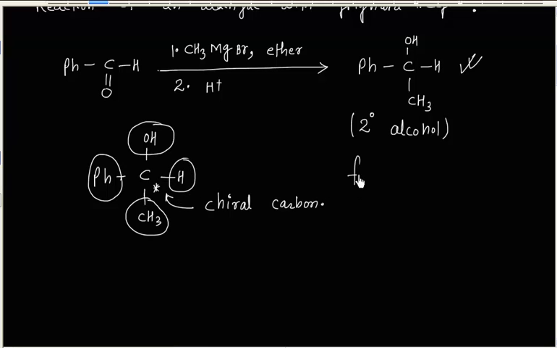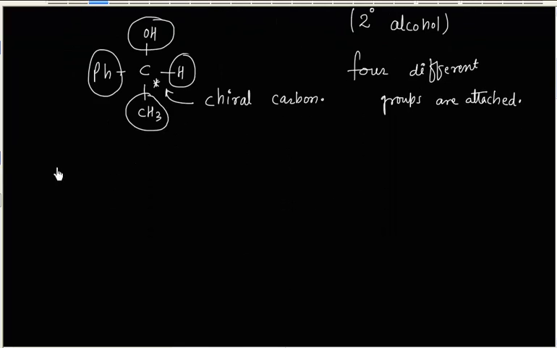So this means this compound, that is the 2-degree alcohol, is optically active, and there are 2 stereoisomers possible for this compound.